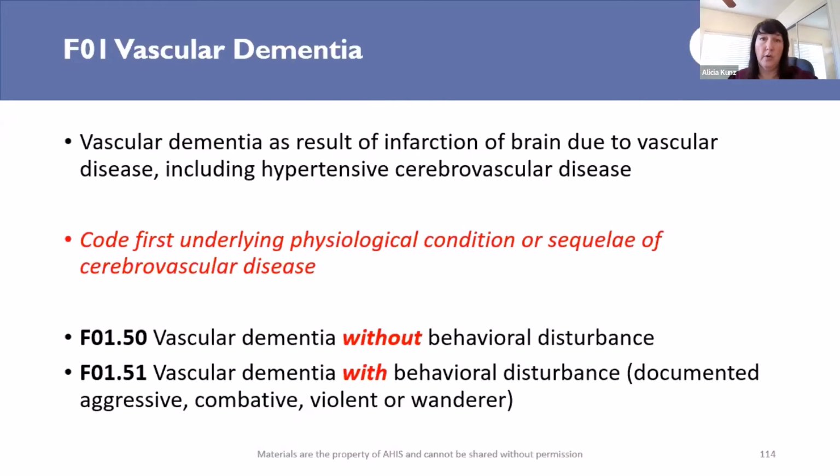All of your dementia codes will have with or without behavioral disturbance. So you have to check your documentation. The physicians, I have noticed, are getting a lot better about documenting with or without behavioral disturbance. But just be aware, when we're talking about behavioral disturbance, this would be somebody who's aggressive, combative, violent, or they're wanderers. Next.